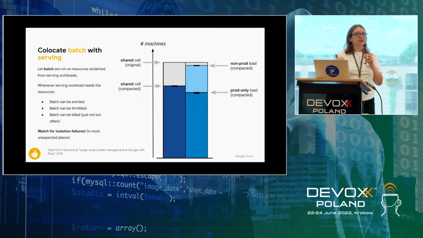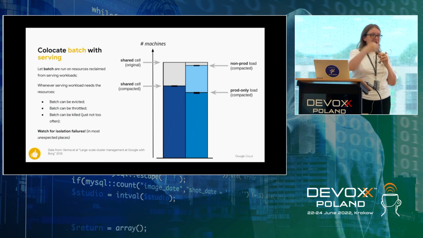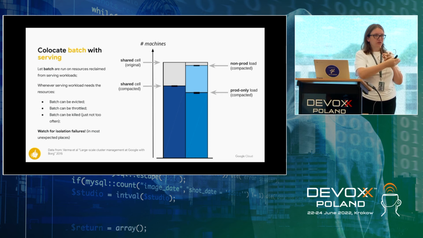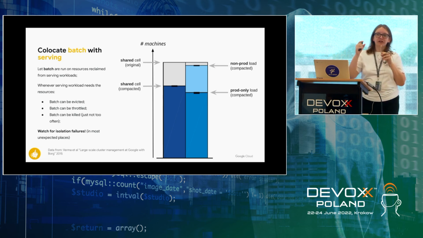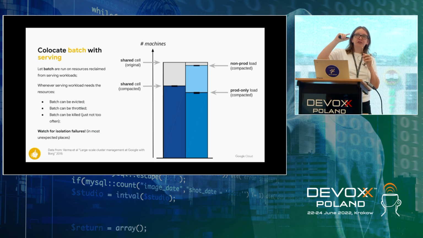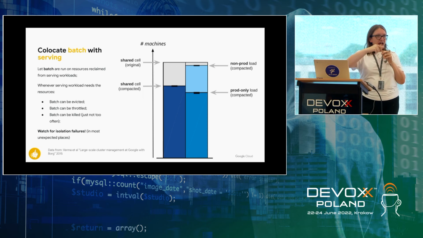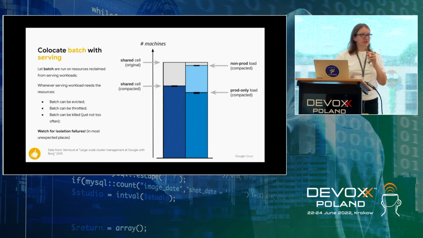But if the serving workload actually needs them, we then remove the batch if there is no space. Okay, so it's fewer idle jobs. Yeah, so we are using the difference between allocation, so the limit, and the actual usage of those serving jobs.